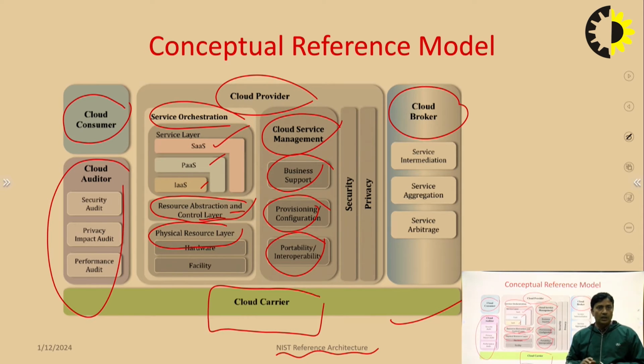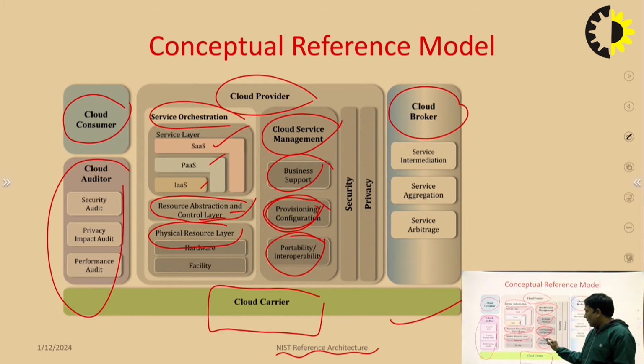All these things you have to manage. Then provisioning and configuration means you have to make the package for your consumer as per their need. That means you have to provision the resources. This provisioning is done on the basis of the requirement of the consumer as well as the policy of the developer.